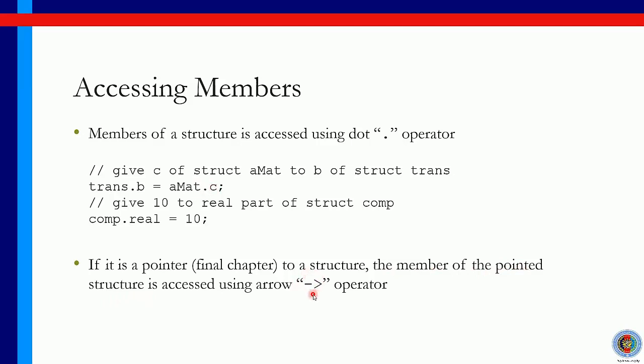We will not cover so much of structure pointers, but it will be used in your GUI because in C++ GUI, the handle that is used by Microsoft as a managed pointer is actually a pointer to a structure. So for a GUI project, you need to use the arrow operator.